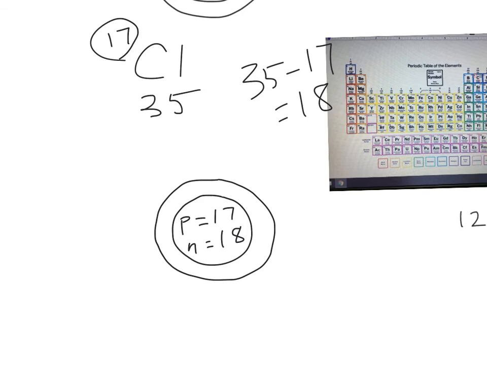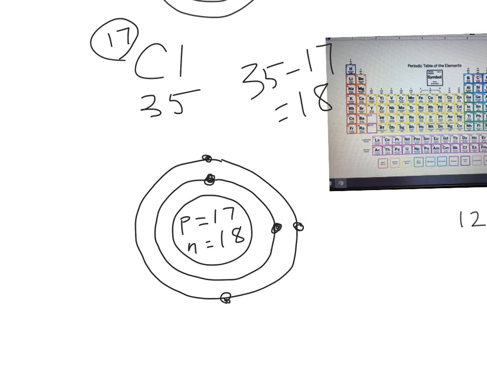So we have 17 electrons, so we're going to start here with the first energy level. It only holds 2, so that means we still have 15 to fill in. Okay, so we're going to go 3, 4, 5, 6, 7, 8, 9, 10.